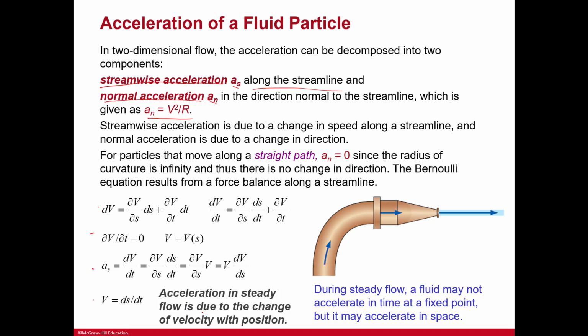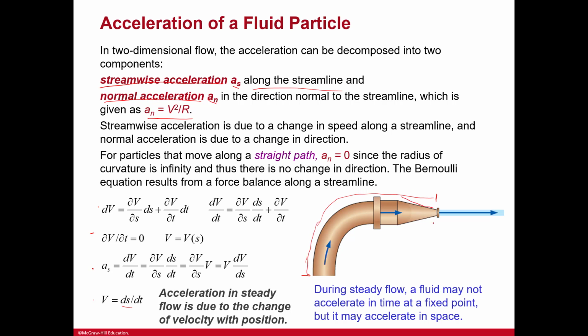Acceleration in steady flow is due to the change of velocity with position. During steady flow, a fluid may not accelerate in time at a fixed point, but it may accelerate in space. So not over time, because we can have a steady flow. It's the same amount and may not change here, but it may change in space.